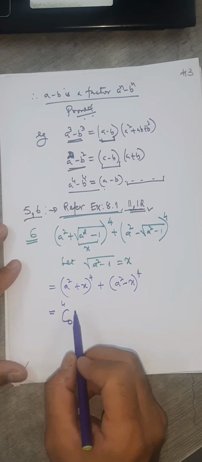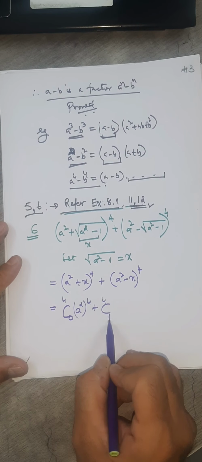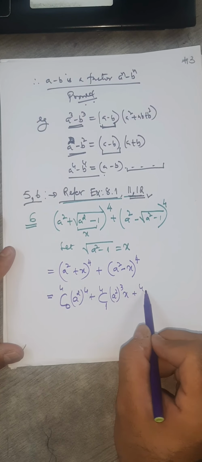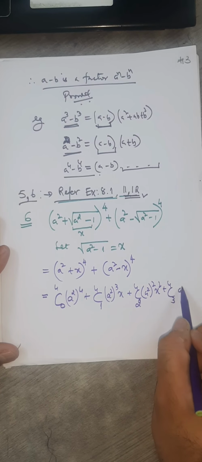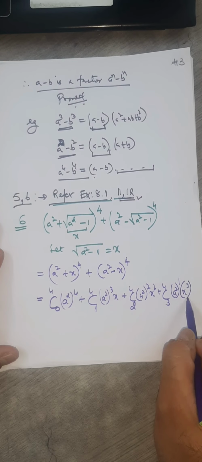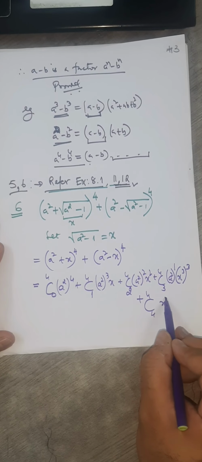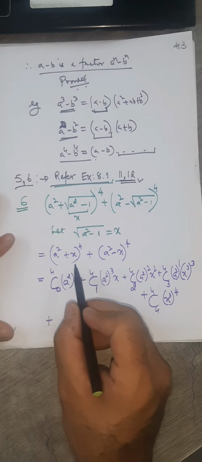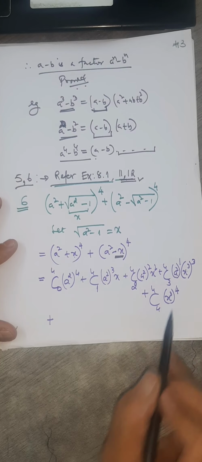4C0, (a square) raised to 4, 4C1, (a square) the whole cube into x, plus 4C2, (a square) the whole square into x square, 4C3, a square raised to 1, and here what we'll get? x cube, last term 4C4, here x raised to 4, plus, let's come to the next, there you have instead of plus x, minus x.